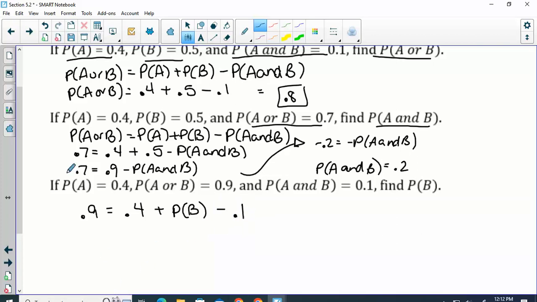So please, my point with these, don't just try to look at it and guess the answer. Just write it out. The math isn't hard. You just have to plug things in appropriately. So 0.4 minus 0.1 is 0.3. Subtract that over, so the probability of B is 0.6.